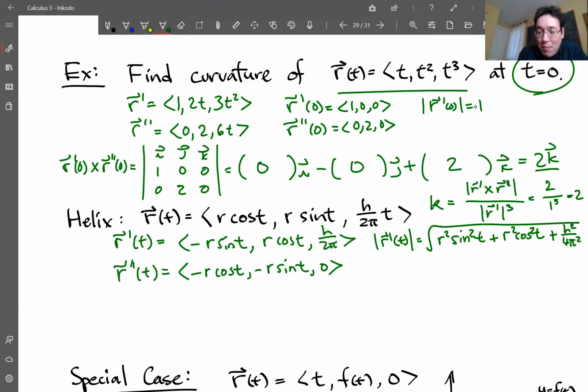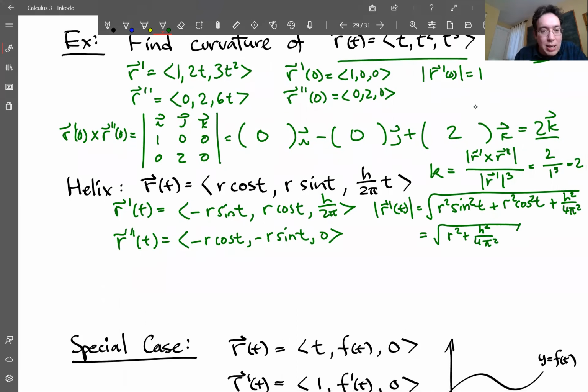Okay, so this becomes just the square root of r squared plus h squared over 4 pi squared. All right, let's compute the cross product.